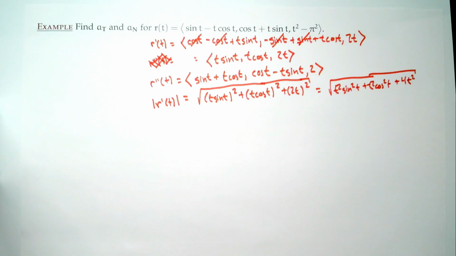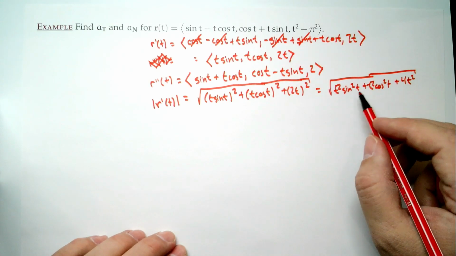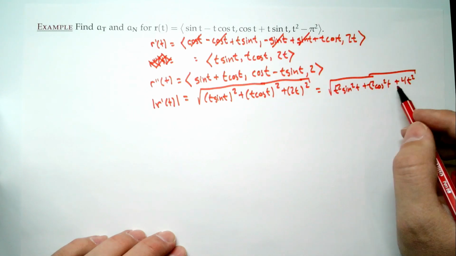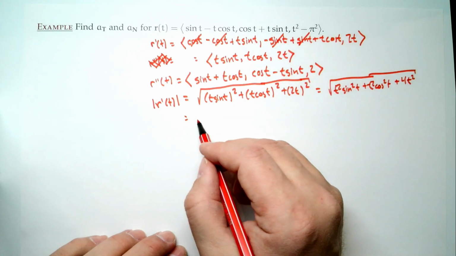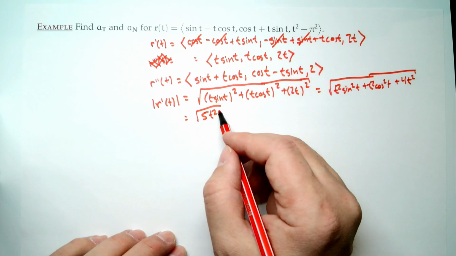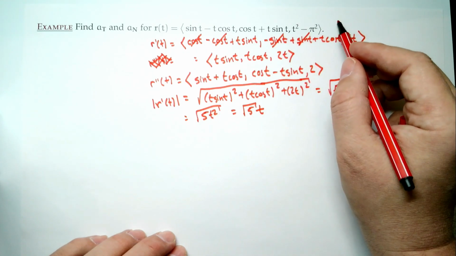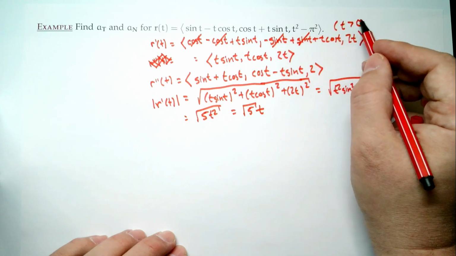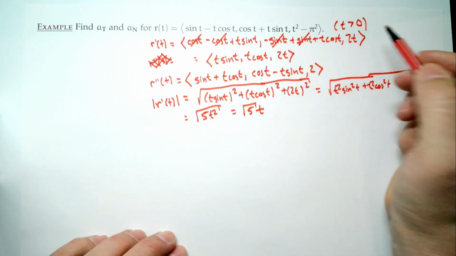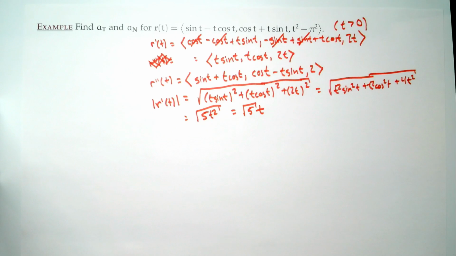That becomes 5t squared on the inside, because of sine squared and cosine squared. So the square root of 5t squared, which we'll write as square root of 5 times t. Just so no one heckles me, I'll assume t is greater than 0, so no one complains about absolute values. So there's my magnitude.